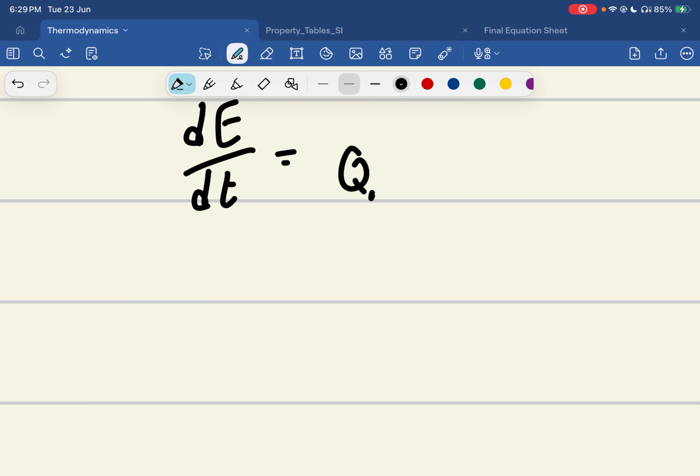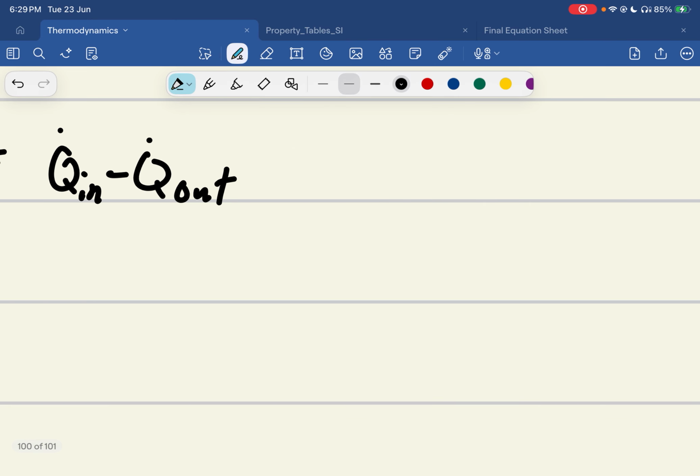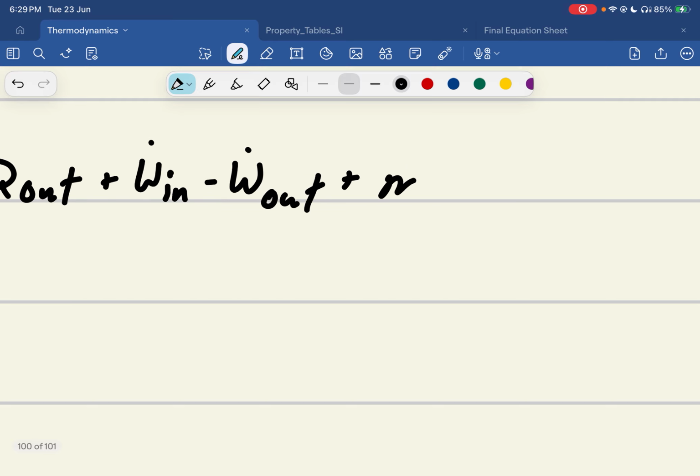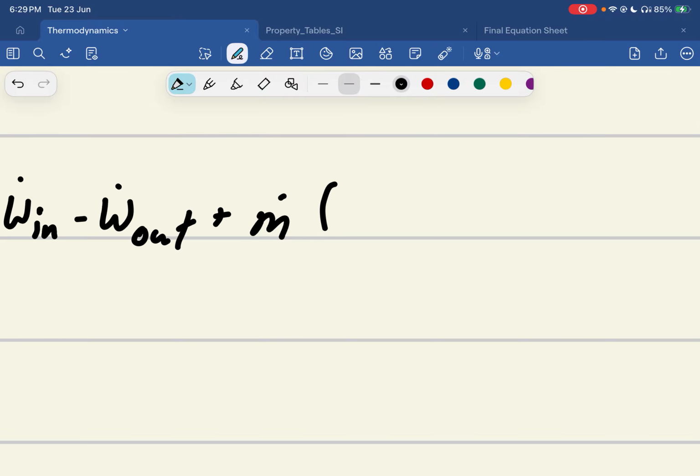So we have Q in minus Q out plus work in minus work out plus m dot of the enthalpy change. I'm just not gonna write the kinetic and potential because we're ignoring that, and we know it's only one inlet, one outlet, so we're removing the summations, and we can say that it's H in, which is H3, minus H4.